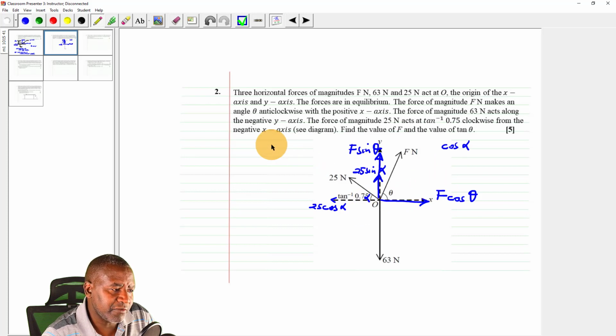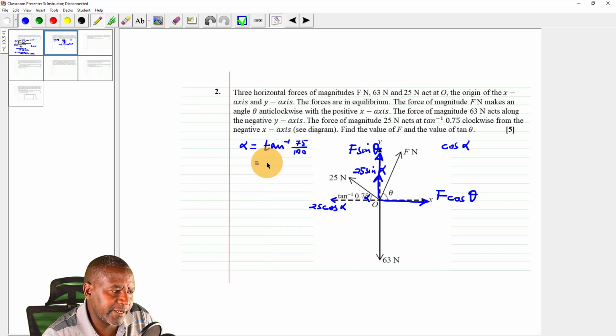So I've already been told that alpha is equal to tan inverse of 0.75. 0.75 is like 75 over 100.